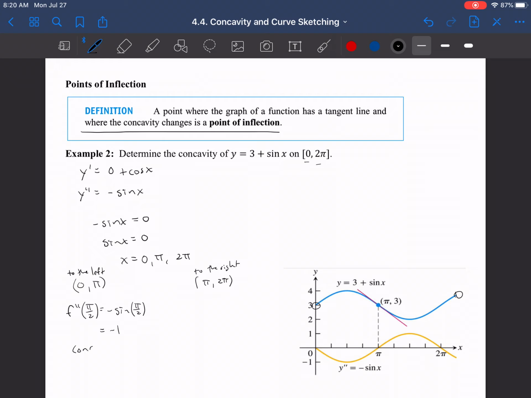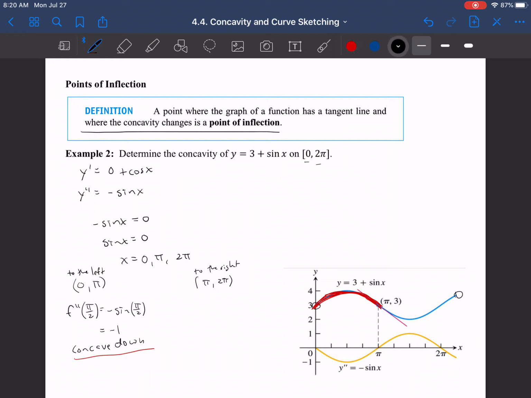That tells us concave down over that interval, and there's no change in the second derivative in there, so it's concave down that entire area. So we might say this is concave down, that's this section right here. And you can see it is concave down in that area.